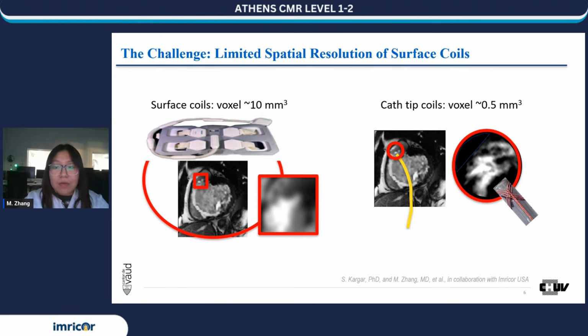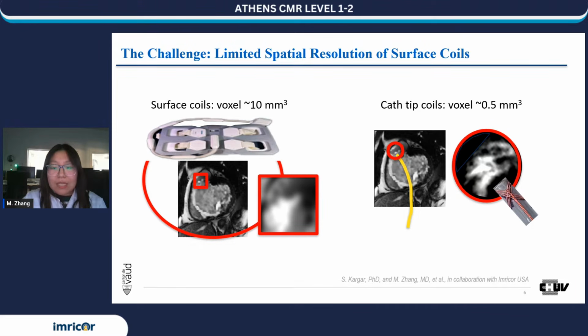We know that myocardial scars can be electrically irritable, and they can also induce arrhythmias if they have slow conducting channels inside. These channels are extremely narrow, yet they may form part of re-entry circuits and trigger life-threatening arrhythmias. However, with conventional surface coil imaging, the typical voxel size is around 10 cubic millimeters.